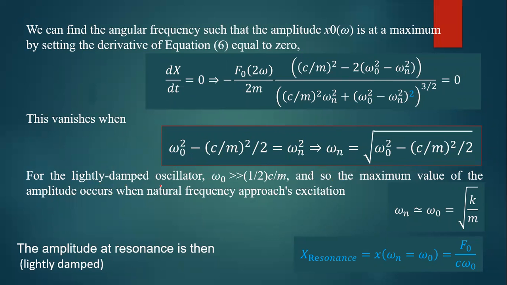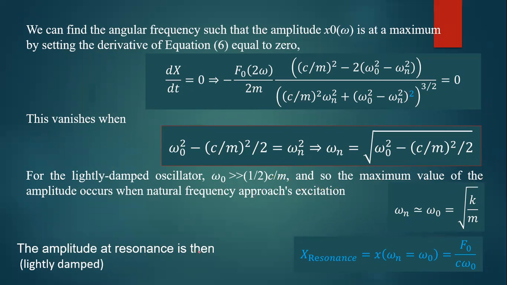For the lightly damped oscillator, ω0 is much greater than half c over m. So the maximum value of the amplitude occurs when the natural frequency approaches the excitation frequency. This is the point where resonance happens.